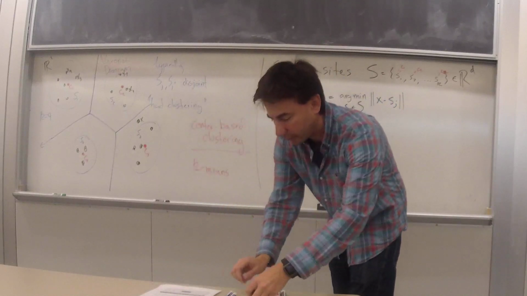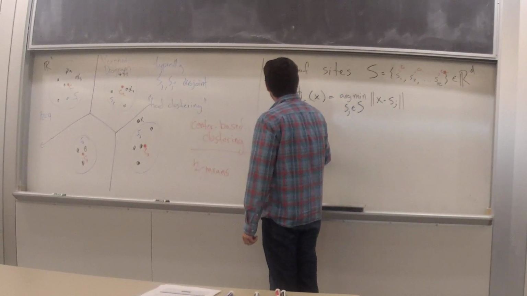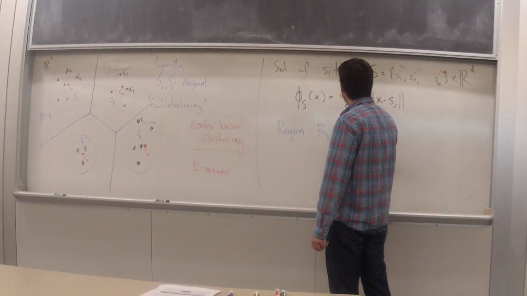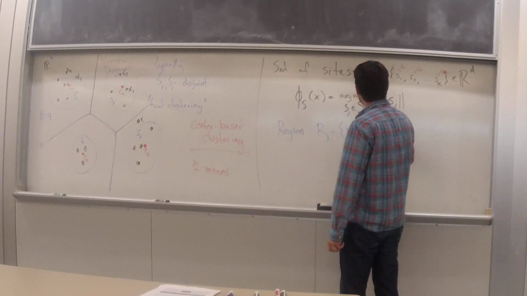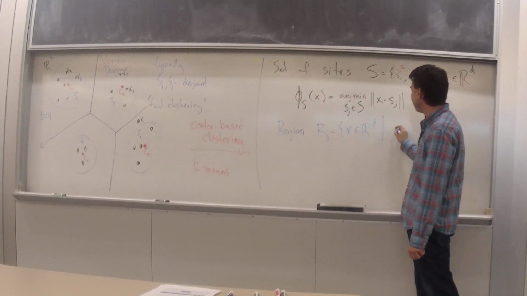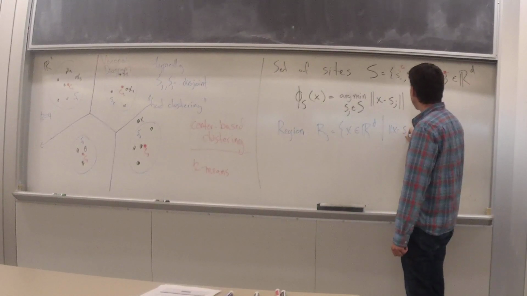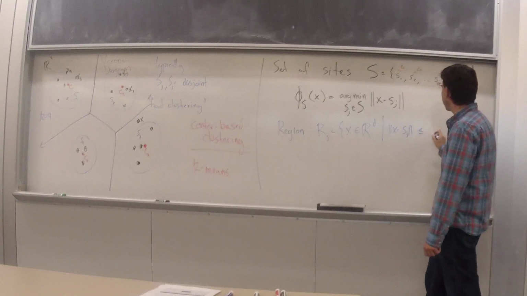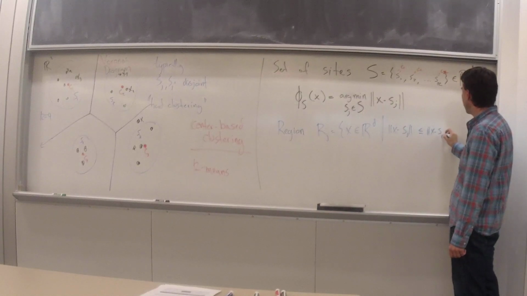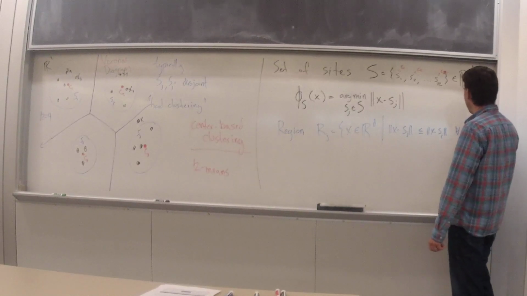Right. So okay. So one property this has is it's going to define a region Rj, which is, again, the set of points in R^d, the d-dimensional Euclidean space, such that the distance from x to Sj is less than or equal to the distance from x to Si for all i not equal to j.